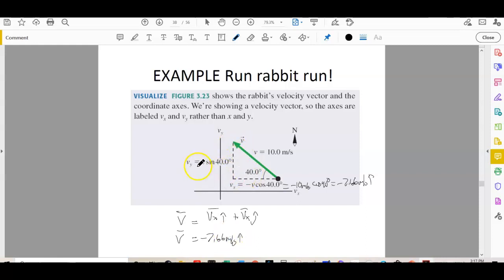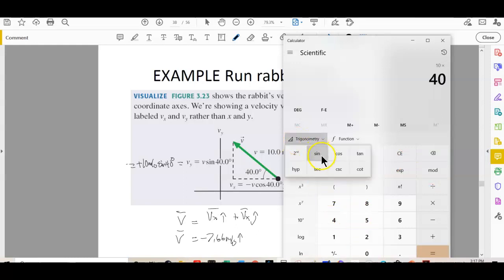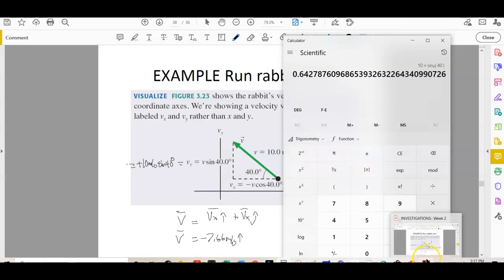All right. The y direction is going to be pointed up, so that's positive 10 meters per second times sine of 40 degrees. Okay? So let's figure out what that is. Let's put it in our calculator here. That's going to be positive 10 multiplied by sine of 40 degrees, which is 64% of 10.